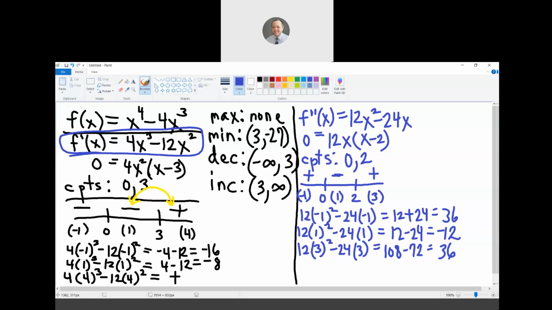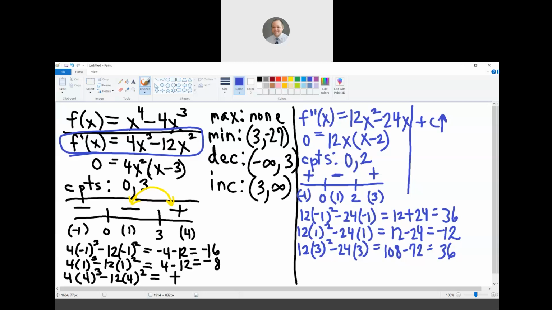Now we are ready to get the remaining characteristics of our graph. Remember, for the second derivative, anytime you see a plus sign, that indicates intervals where our function is concave up.